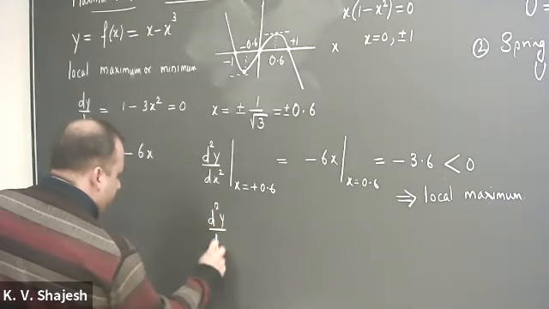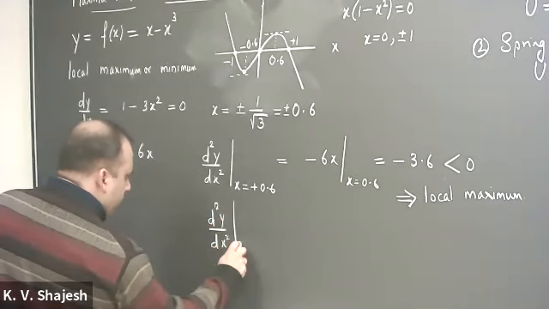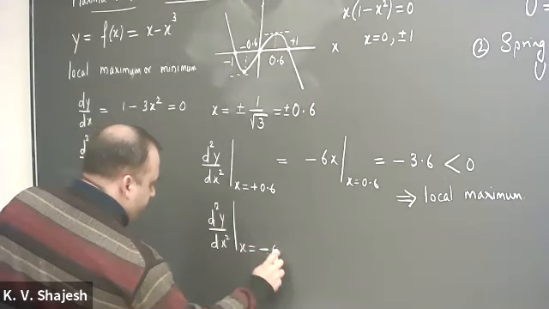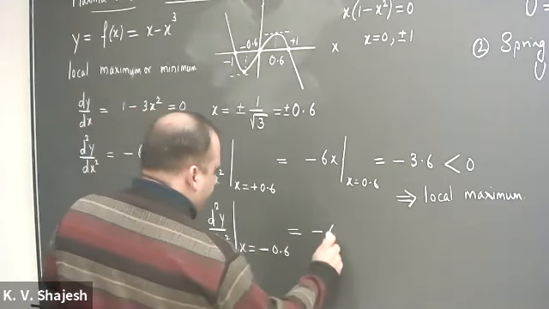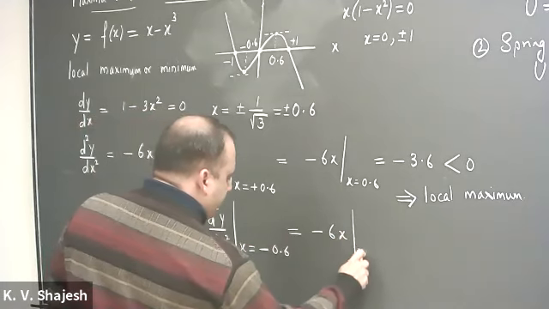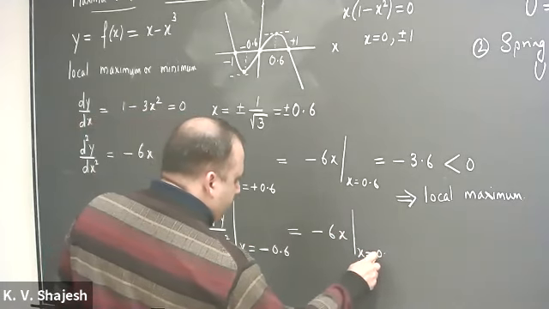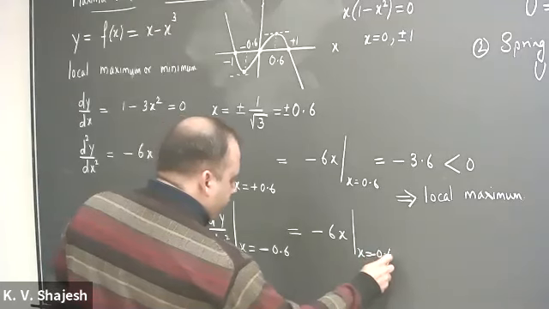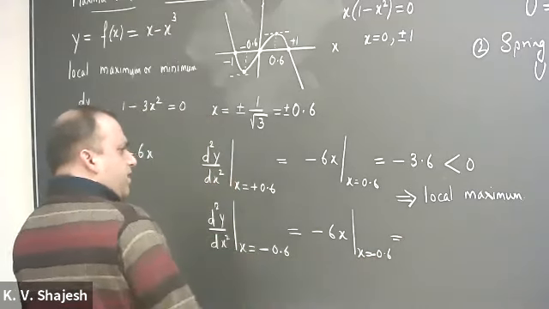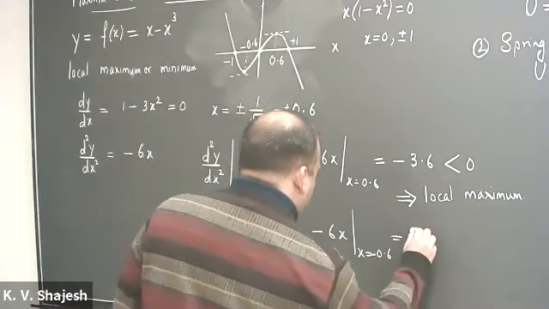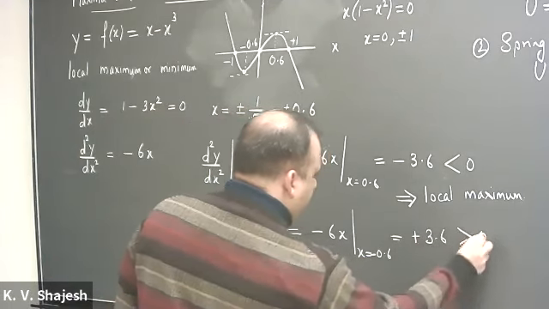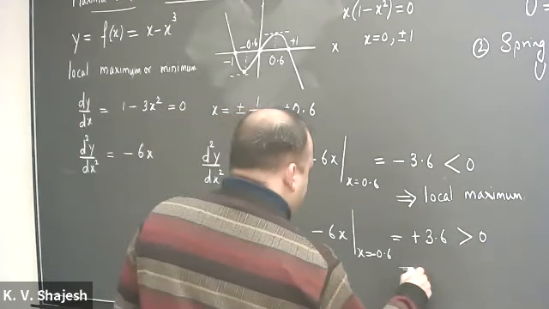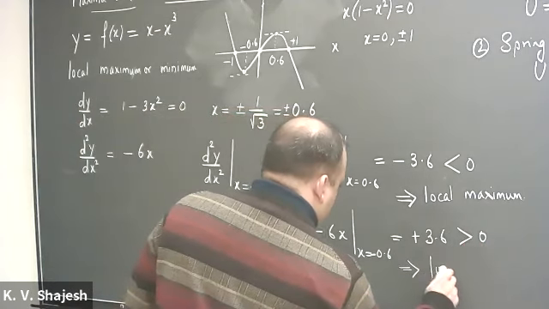The second derivative at x equal to minus 0.6 this time is equal to minus 6 times x, evaluated at x equal to minus 0.6. And since x is negative, it is clear that it will be plus 3.6, which is greater than 0. That implies this is a local minimum.